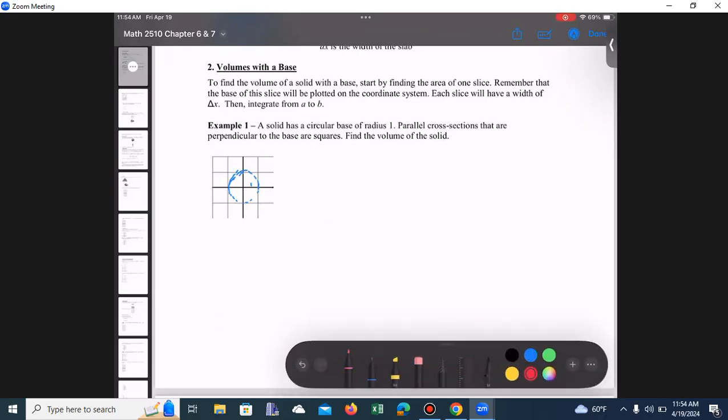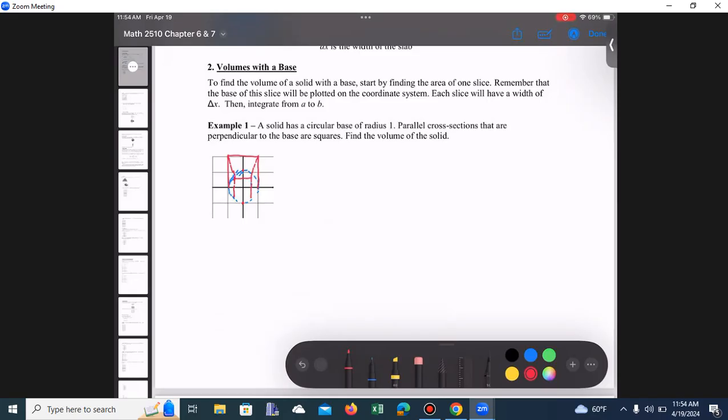The middle will have a square cross section that is 2 by 2, since the base is 1 for each radius, so the diameter is 2. Then here it's going down to 0, so about here we'll have a cross section of 1. And so we'll end up with this kind of unique shape. That's one side, and then it goes on the other side backwards.